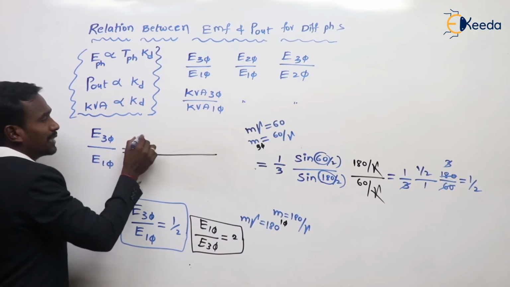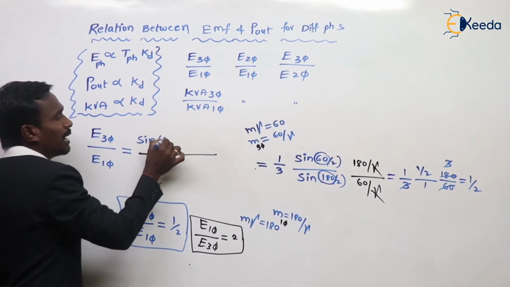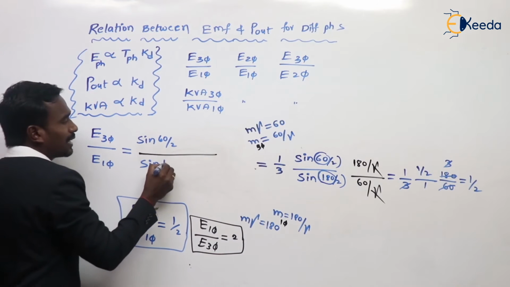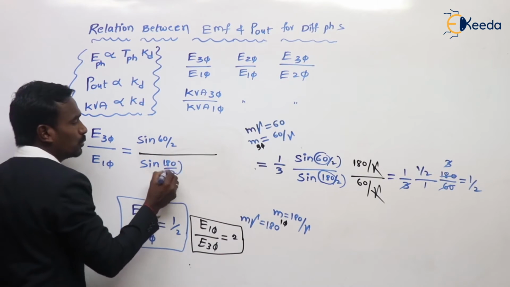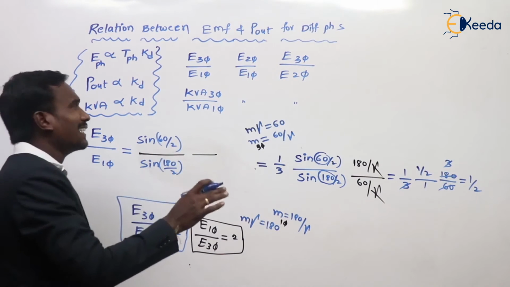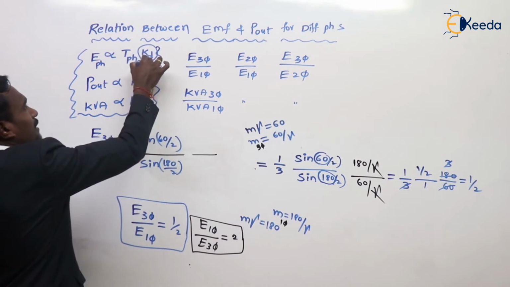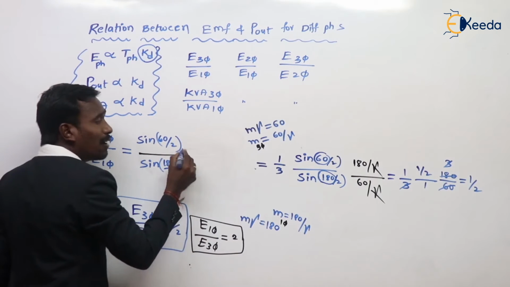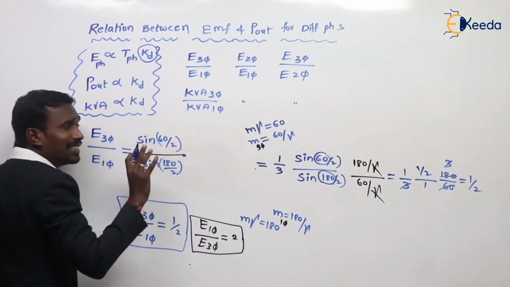So for three phase, sine mγ by 2, and for single phase, sine mγ by 2. This is about KD, and KD is completed. Of course, here we have gamma, right? So this is in reverse.